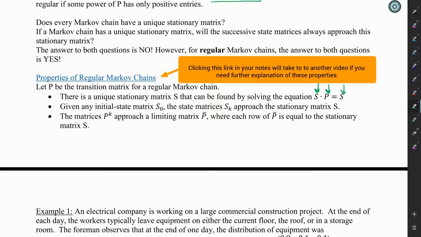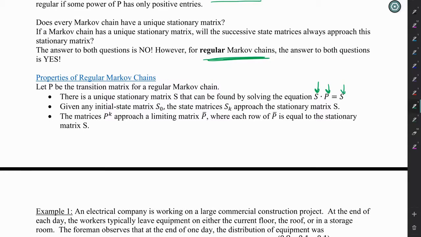Given any initial state matrix S sub 0, the state matrices S sub k approach the stationary matrix S, and the matrices P raised to the power of k approach a limiting matrix where each row is equal to the stationary matrix S. So one way we can find it is by solving a system of equations, which we'll see. The other way is raising our transition matrix to a very large exponent, and that will also find it.